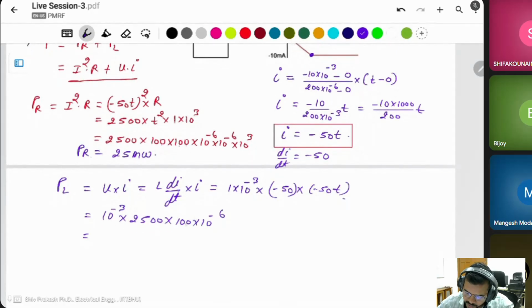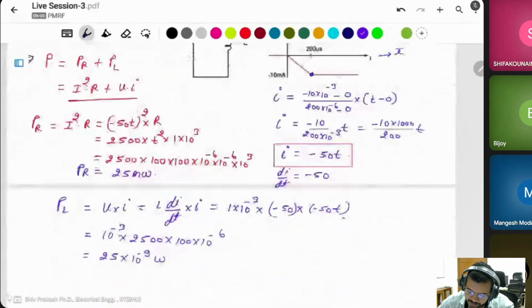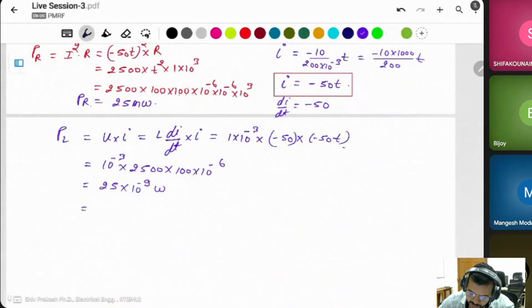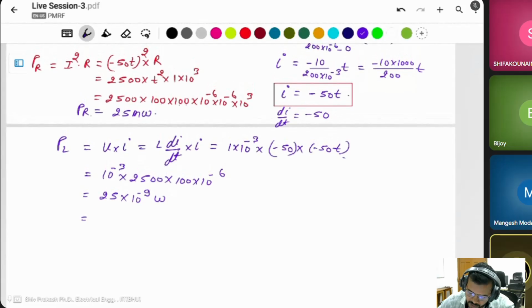Total positive zeros 1, 2, 3, 4, negative zeros 9. 25 into 10 to the power minus 9 watt, but there is no option like that. This is a milli. So from where did minus 6 come? Sorry.